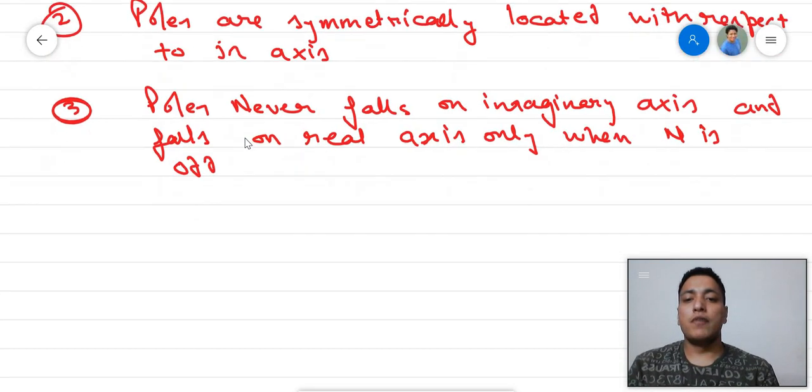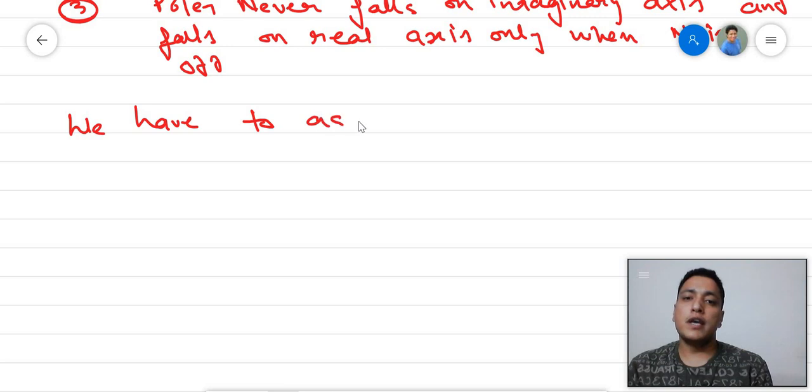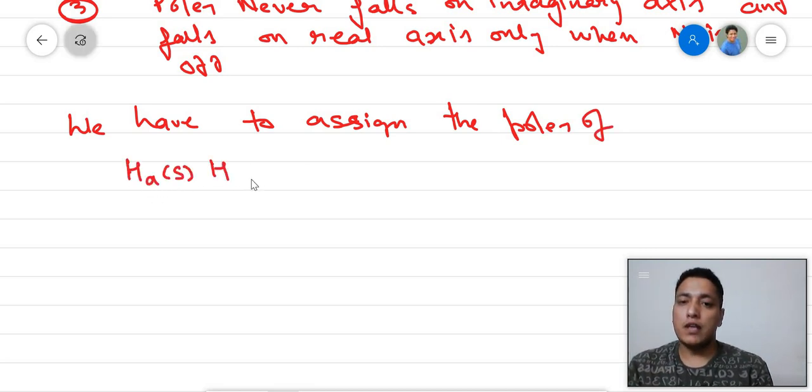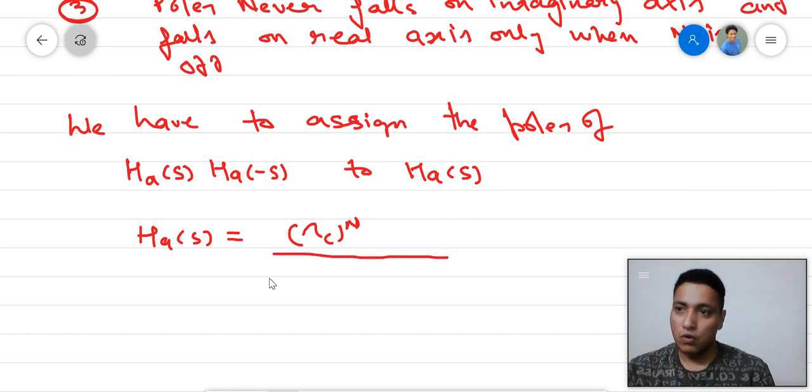Now we have found out the poles of HA(s) multiplied with HA(minus s). Next step is we have to assign the poles of HA(s) with HA(minus s) to HA(s). Then we can write HA(s) equals to omega c to the power n over the product over the poles, and all poles should lie at the left hand plane.